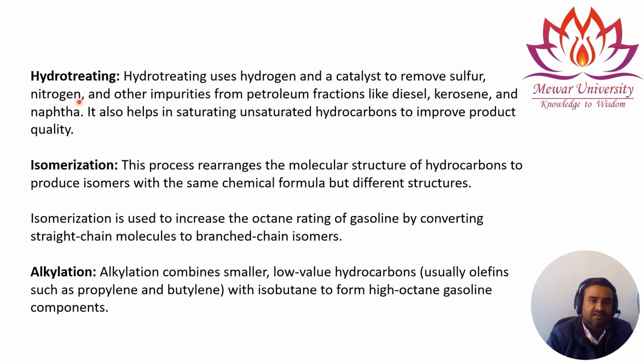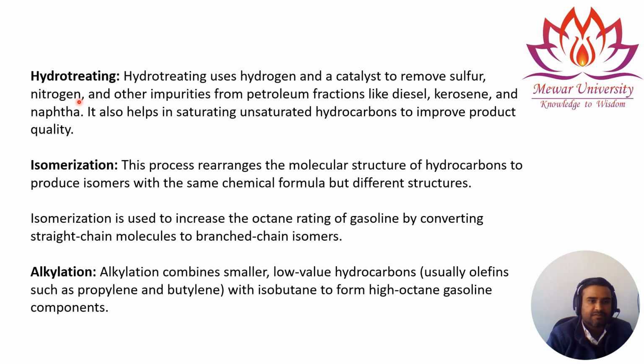These fractions contain impurities like sulfur, nitrogen and others, so in the hydrotreating method we use a catalyst and hydrogen to remove these impurities. It also helps in saturating unsaturated hydrocarbons to improve the product quality.